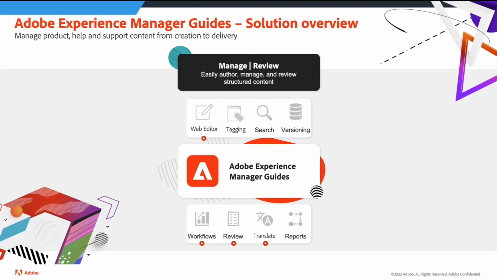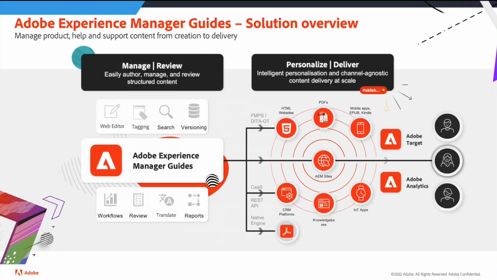And at one point, you, of course, also want to publish that content. And there's a huge publishing framework included. You can publish, of course, directly to AEM Sites with Adobe Web Content Management System. You can use FrameMaker Publishing Server, FMPS, or the DITA Open Toolkit.